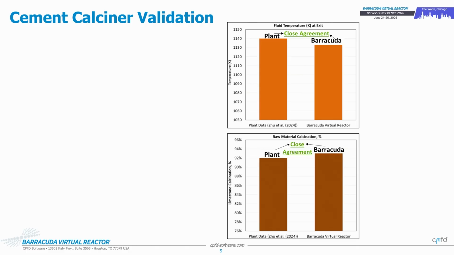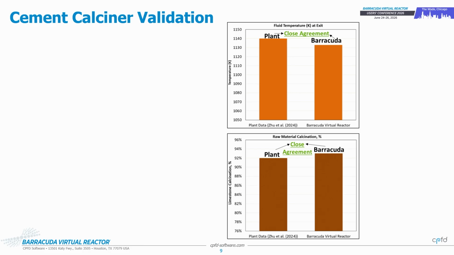And we have plant data for two metrics. One is the fluid temperature that you see here on the top graph, and then the degree of calcination on the bottom. Both of these are measured at the outlet, and they come from the plant data which is available in the paper, from an actual cement plant in China.